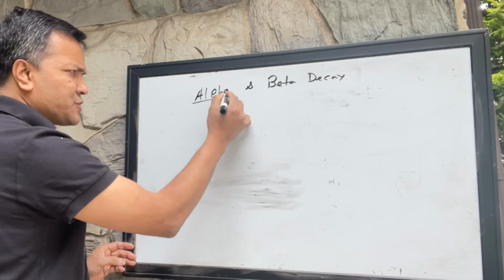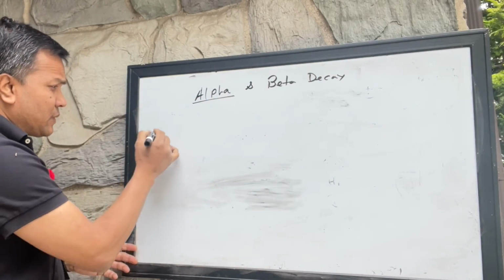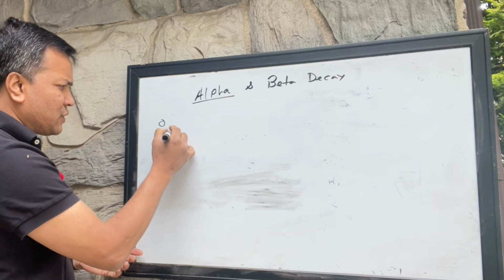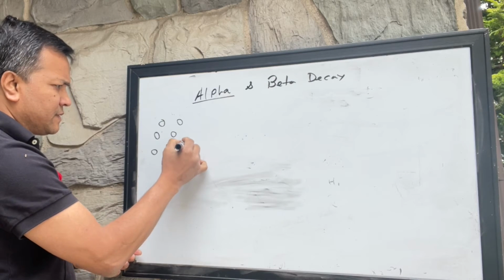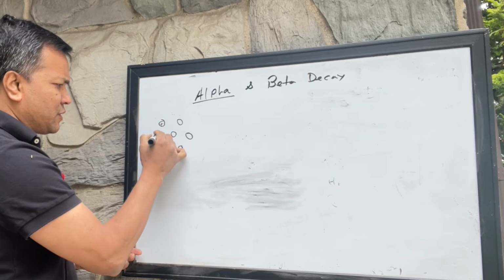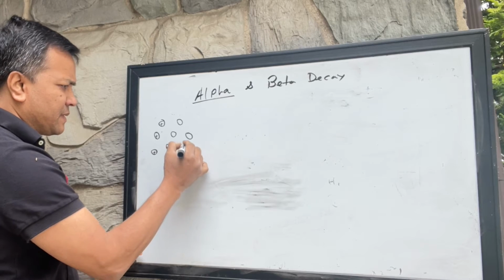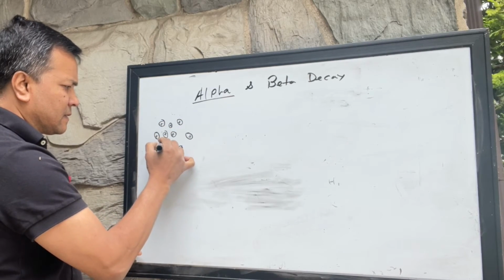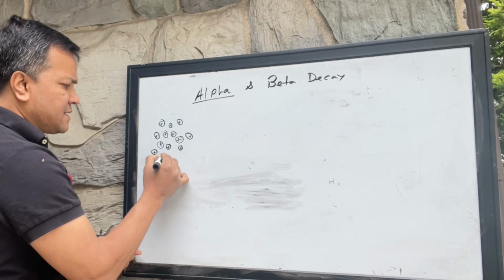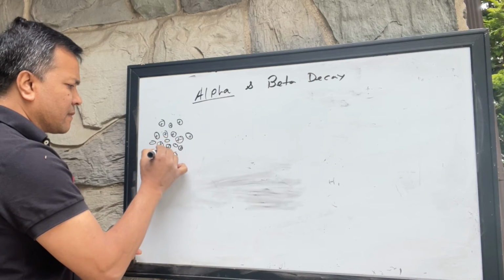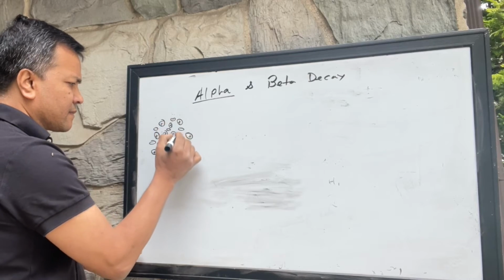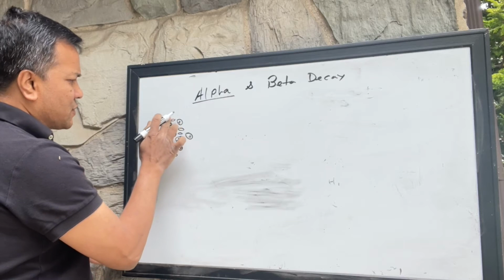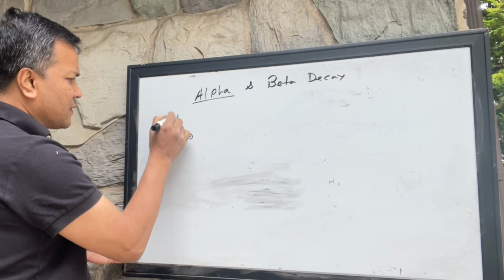All right, so let's first talk about alpha decay. Consider an element. An element has some protons. These are the protons, of course, positive. And these are the neutrons. And let's say four of them, so this is also a proton.